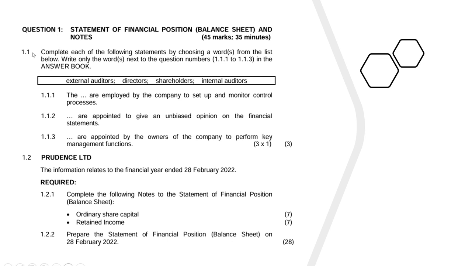If you look at 1.1 as an example, they said complete each of the following statements by choosing the word from the list. You are provided the words from the list, which is 4, and then you have 3 questions that you need to respond to. As you look at the statements that you are provided, there are 3 dots that you need to complete. In those 3 dots, that's where this word should fit in.